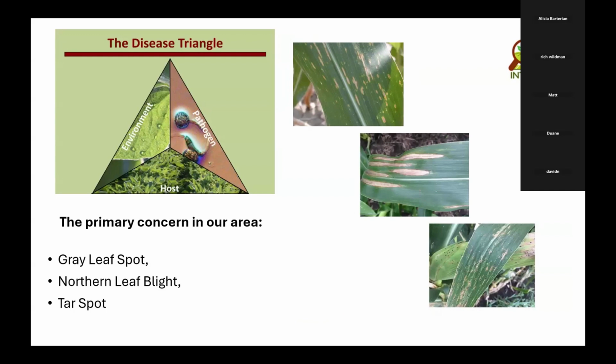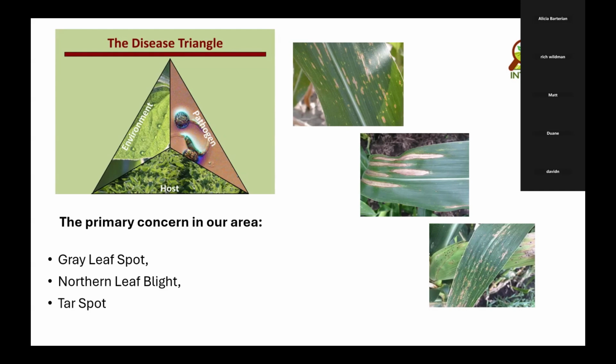You're familiar with the disease triangle. You've got to have the environment, the pathogen, and the host. We're planting corn, so we have the host. We know the pathogen is present, because we've all seen foliar disease the last couple of years.